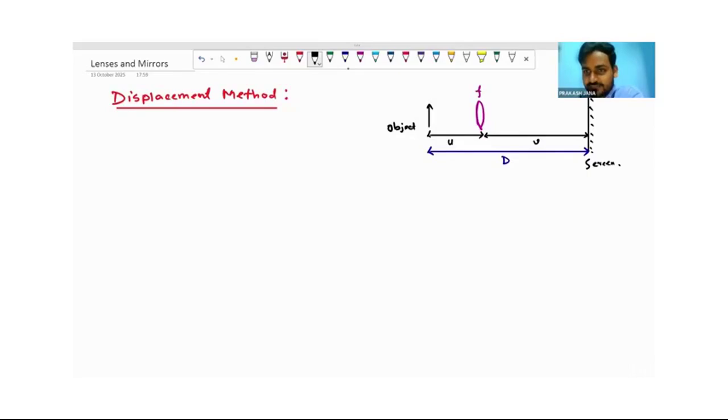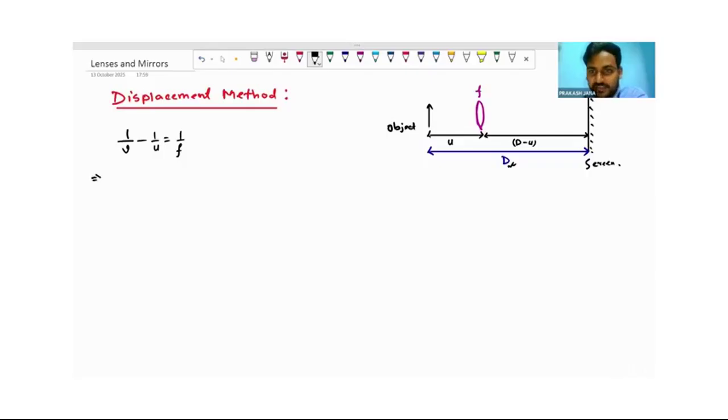As we have taken D as the distance between the object and the screen, we can substitute this image distance by D minus u. Correct? Now you know the equation of lens, that is 1 by v minus 1 by u is equal to 1 by f. v is the image distance, u is the object distance, f is the focal length.